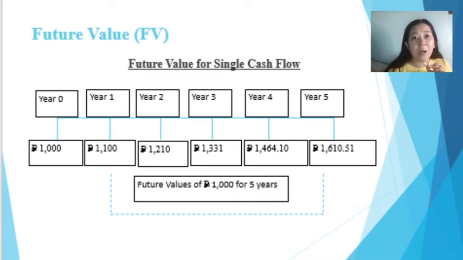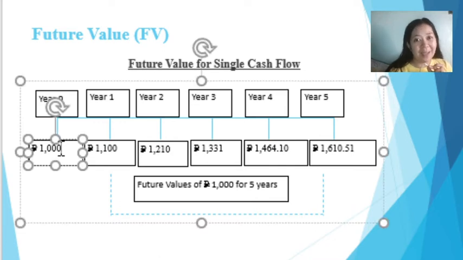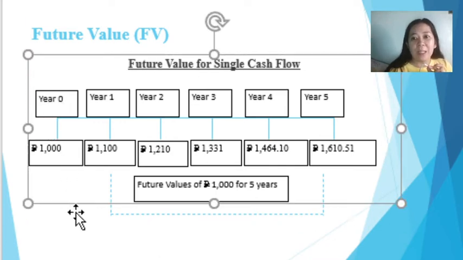We are talking about single cash flow, so you only place your 1,000 once, one time, in year 0. As you place your investment and the time has not passed yet, there is no movement in your future value. The value is still 1,000.